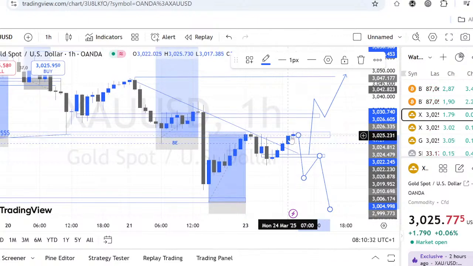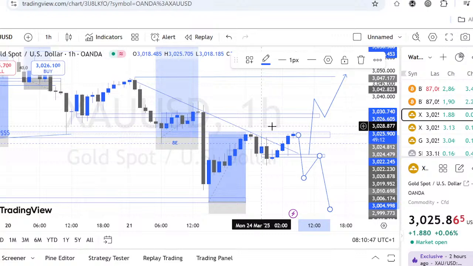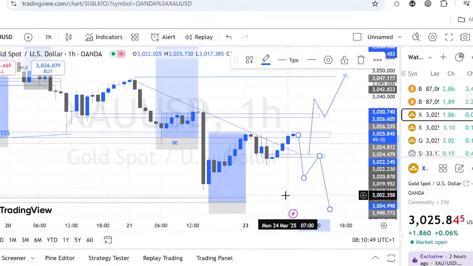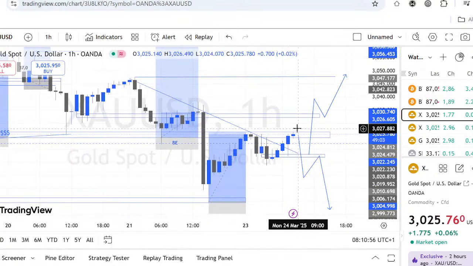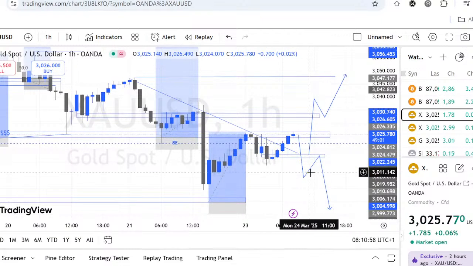So if it doesn't break out of this double top, this is 30.26 and this is, let's say, 30.15. So that's 100 pips. So the next zone after a double top will be 30.05. So you might see gold falling to 30.05 if it doesn't break out this resistance here.